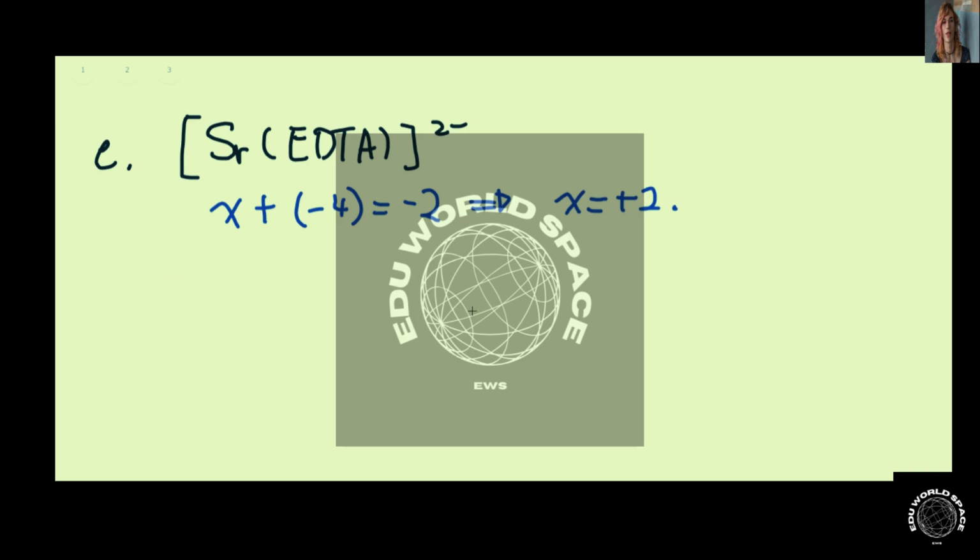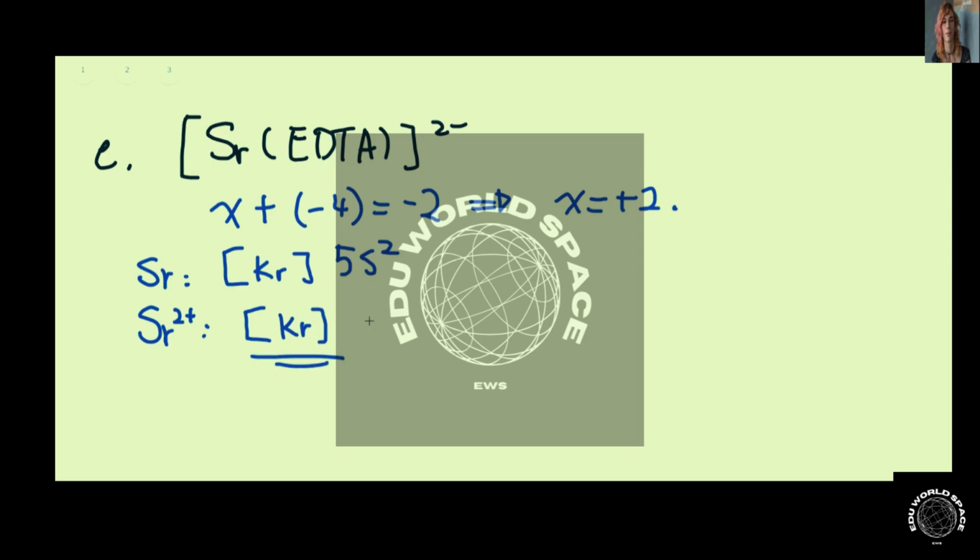So since Sr has an electron configuration [Kr] 5s2, after it loses 2 electrons, Sr 2 plus will be exactly the same as chromium.